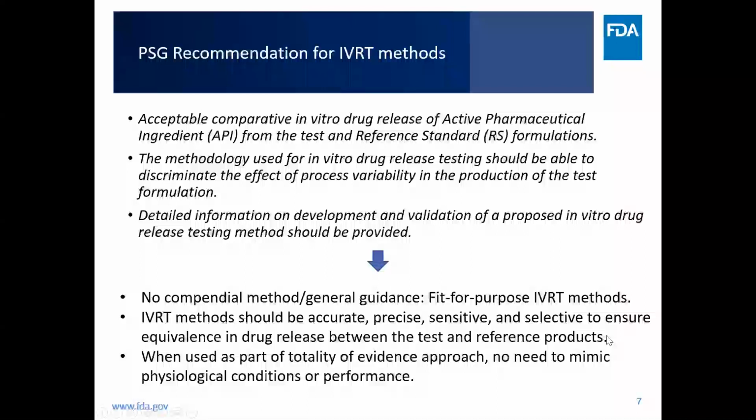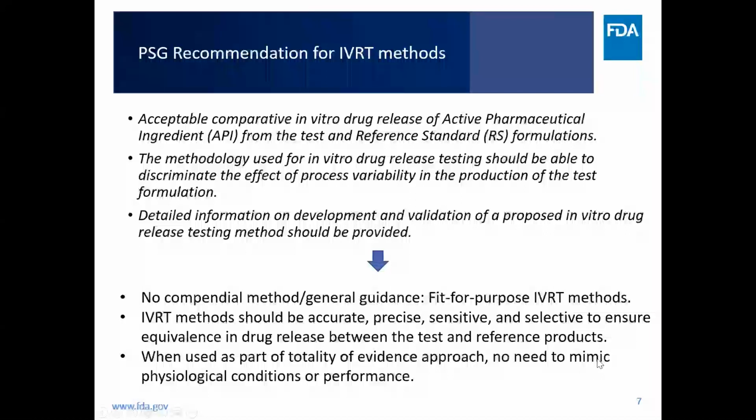So what can we learn from this simple statement, as Dr. Kojak and then Bin already talked about? There is no compendial method or general guidance for ophthalmic product, but the agency recommends developing a product-specific IVRT method.